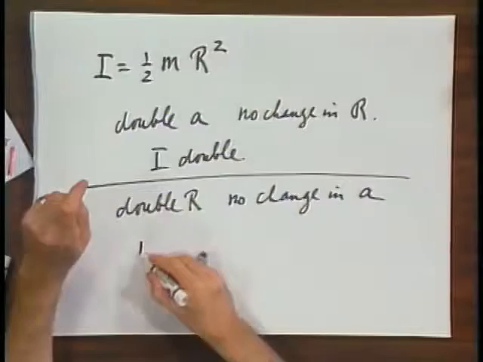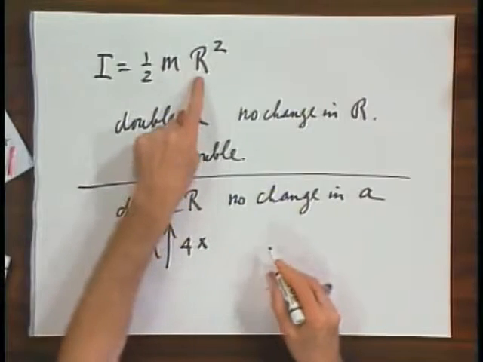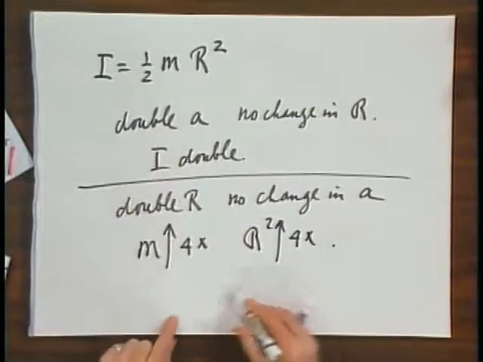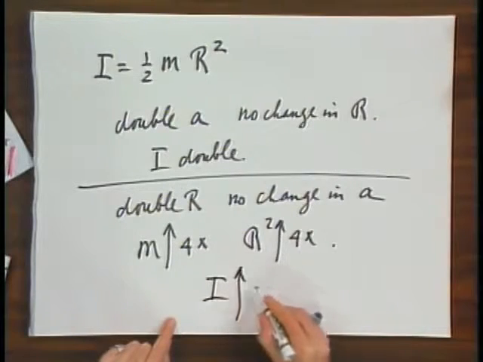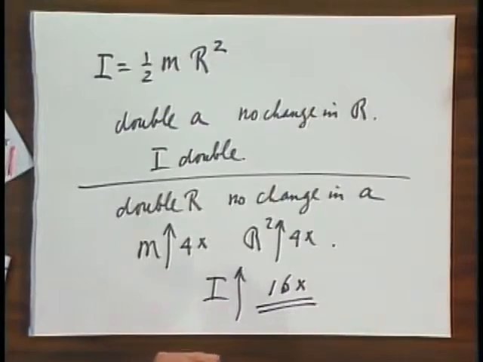If you double the radius, the mass will go up by a factor of 4, because the surface area of the flat part of the cylinder goes with R squared. So the mass will go up by a factor of 4. But R squared will also go up by a factor of 4. So the moment of inertia will go up by a factor of 16.